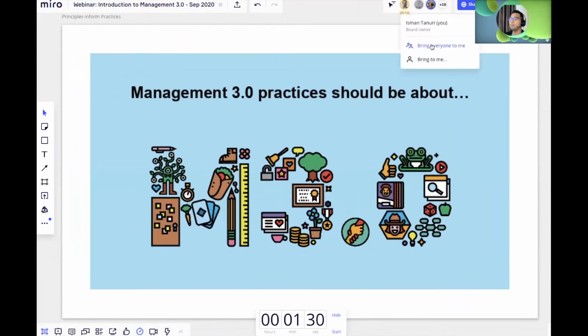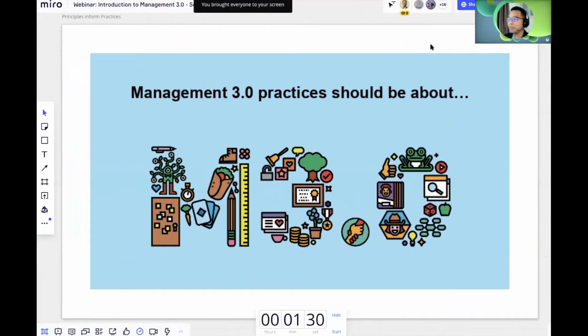All these 5 principles are why the tools, practices, and games are curated within Management 3.0. These are the principles that inform the decision on why all these tools become part of Management 3.0.